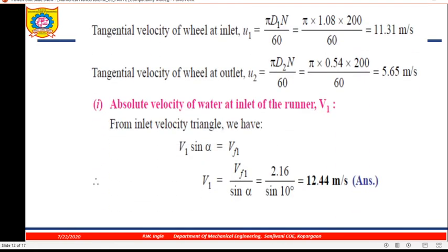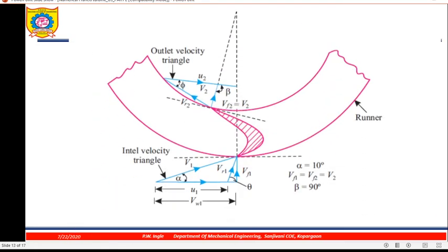First of all, you see here, this is the center of the wheel. In the case of a Francis turbine, water enters through the penstock, then enters the casing and then the runner.